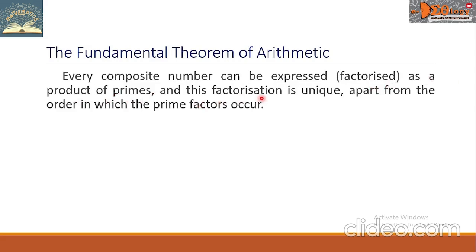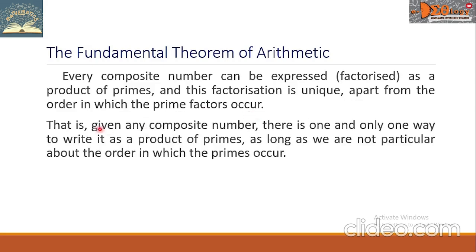And this factorization is unique, apart from the order in which the prime factors occur. That is, given any composite number, there is one and only one way to write it as a product of primes, as long as we are not particular about the order in which the primes occur.